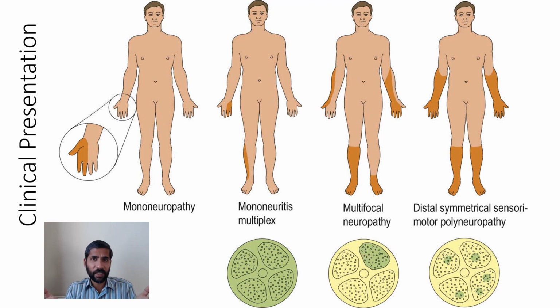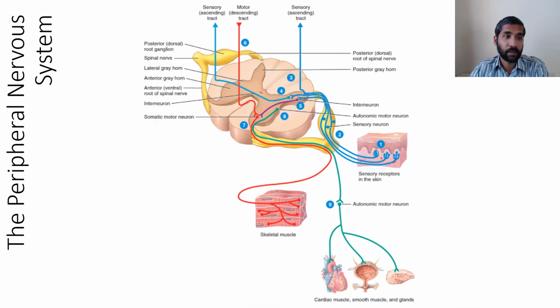So various kinds of problems. Okay, and let's not get into the clinical details here. So how do you know whether the problem is in the peripheral nervous system or the central nervous system? Okay, so you can do some diagnostic tests, and that's what we are going to discuss.